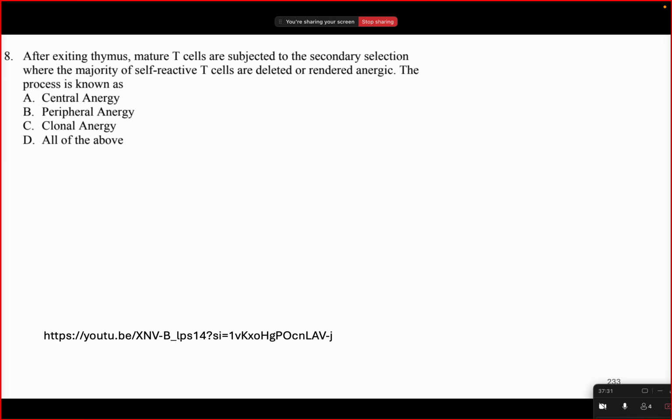After exiting the thymus, mature T cells are subjected to secondary selection, where the majority of self-reactive T cells are deleted or rendered anergic. The process is known as central anergy, peripheral anergy, clonal anergy, or all of the above.